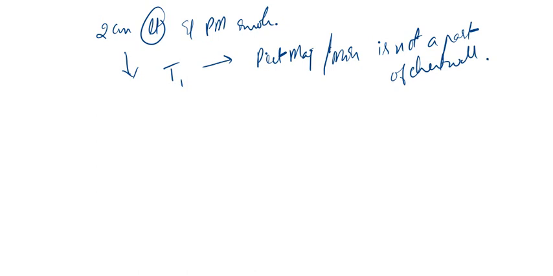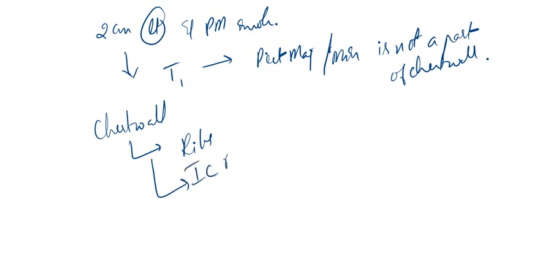And what are the structures that are included in the chest wall? That is ribs, intercostal muscles, then another one is serratus anterior.